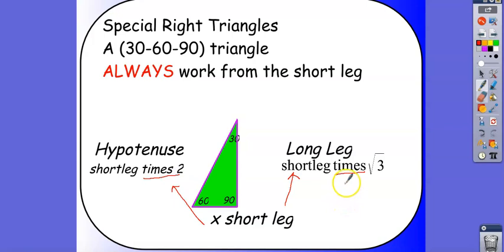Okay, what if I want to go backwards? I know what the long leg is, and I want to go to the short leg. I'm going to divide by root 3. What if I know the hypotenuse and I want to know what the short leg is? I'm going to divide by 2. Let's give it a try.